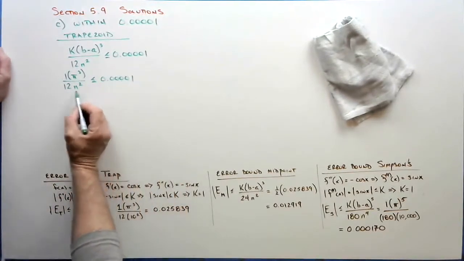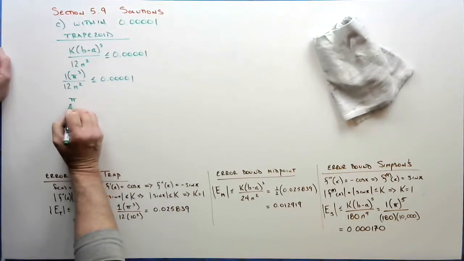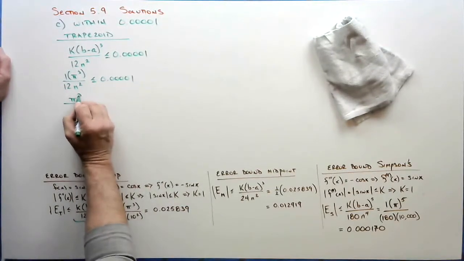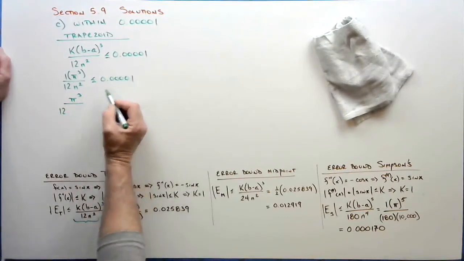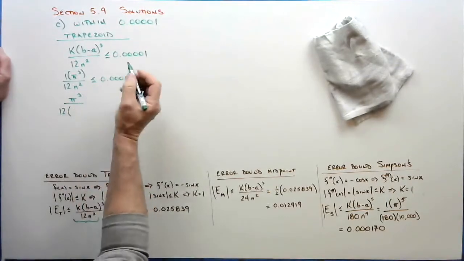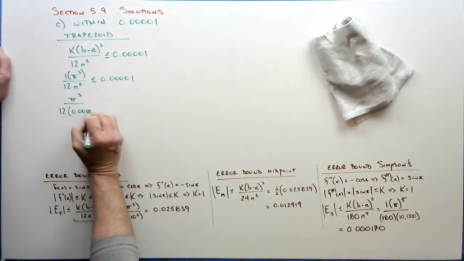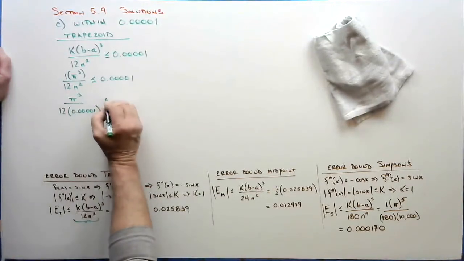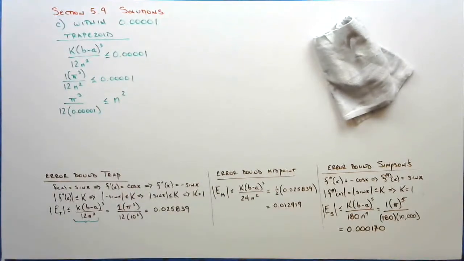And we'll divide over here by this. So we have pi cubed. Our denominator is going to be 12. We're going to divide by this because we're bringing it on this side. It's positive. We don't change the inequality. 0.00001. We put the N squared over here. And if we solve this, grab our calculator and work this out.